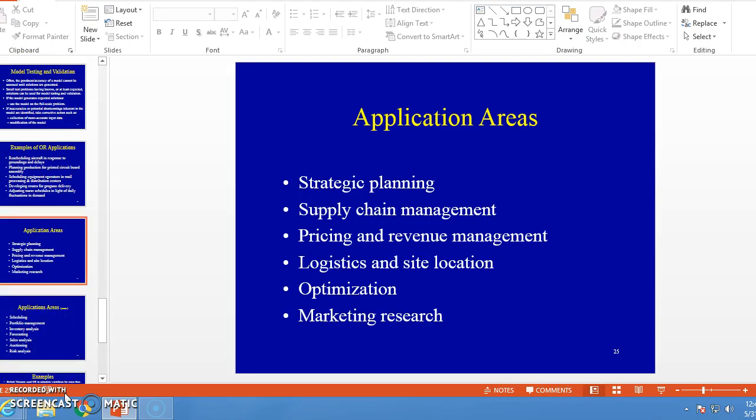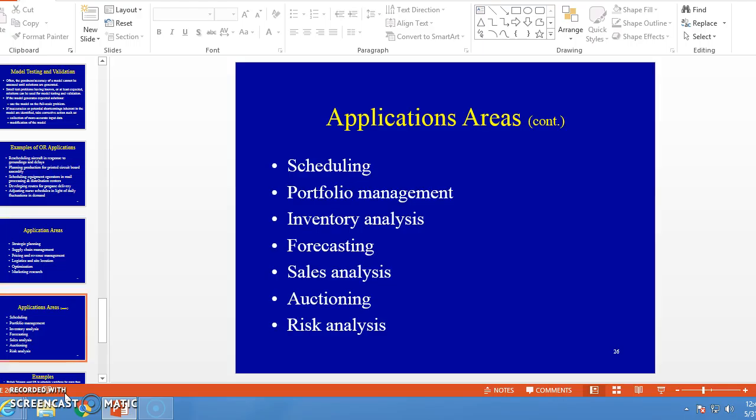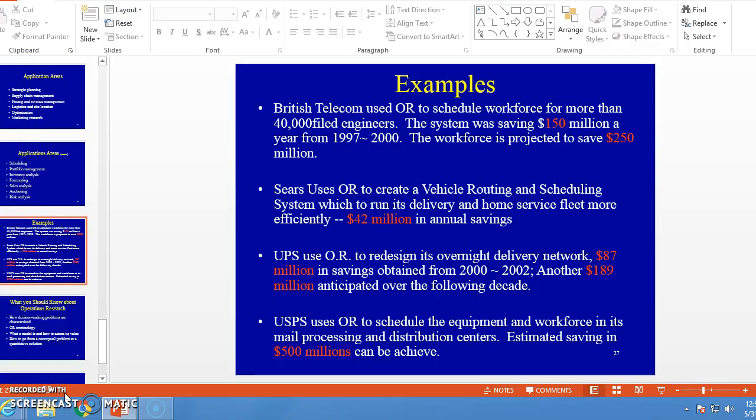Application areas: strategic planning, supply chain management, pricing and revenue management, logistics and site location optimization, marketing research, scheduling, portfolio management, inventory analysis, forecasting, sales analysis, auctioning, risk analysis.